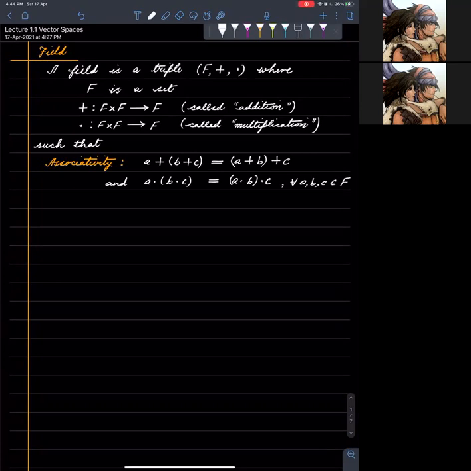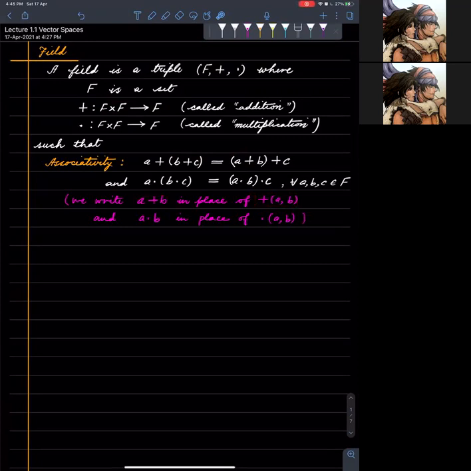Now, perhaps I should have made a comment that we write A plus B in place of plus of A comma B, and A dot B in place of dot of A comma B. Syntactically, plus is a function which takes a pair of elements in F to an element of F, so it's kind of meaningless to write A plus B, but when we write A plus B, what we mean is this.